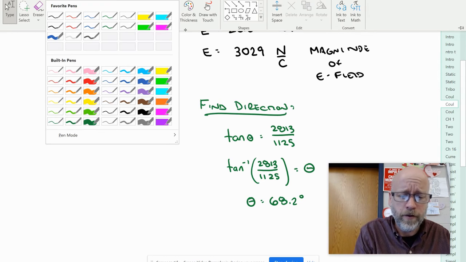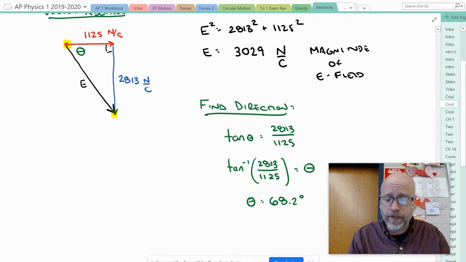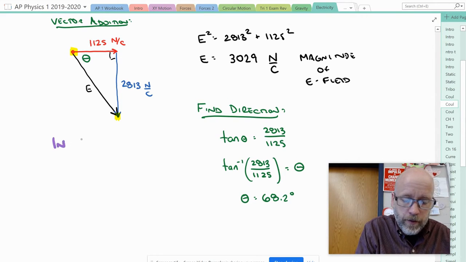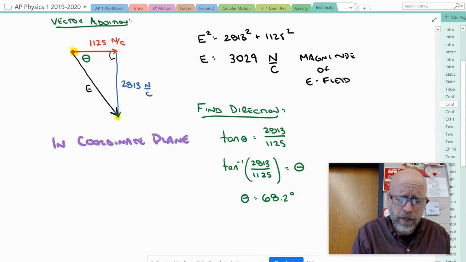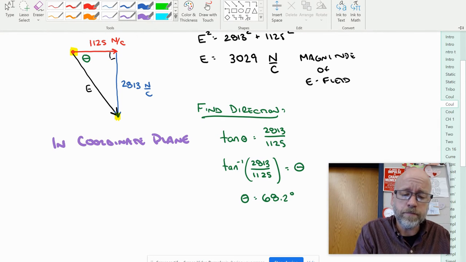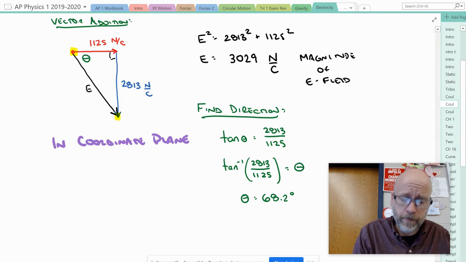That looks silly. You know what I need to do? I need to put that angle in the coordinate plane. So in the coordinate plane, that's the 0 to 360. Let me get a better pen here.